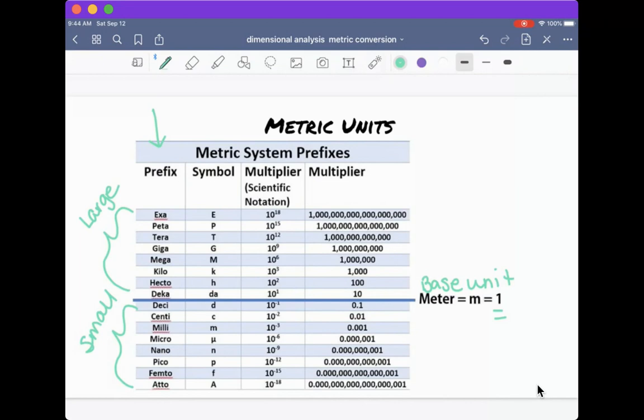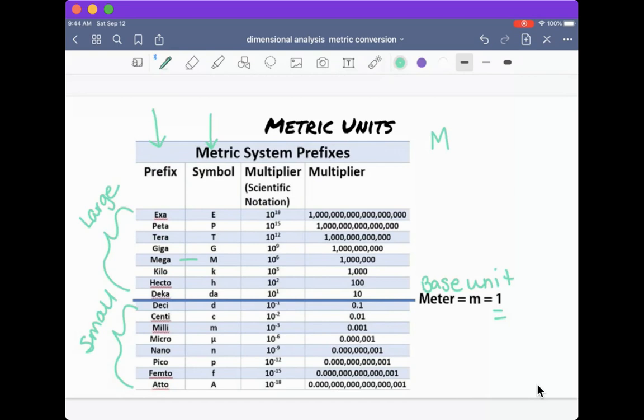All right, the next thing you're going to see on the chart is the symbols. So these are the symbols that are going to represent that unit. The symbol is placed next to the base unit symbol. So for example, if I want to say it's a megameter, I would put the mega symbol, the capital M, because that's where it is right here.